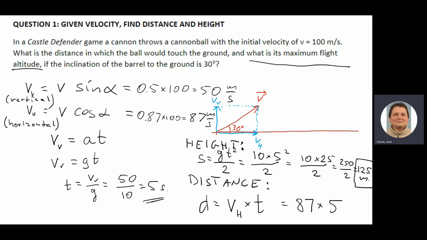The vertical motion tells me how it climbs and then how it descends. But horizontal motion is just a constant motion which will not change. It's all the time 87 meters per second. Okay? So if I multiply it by time, I get the distance, yes?